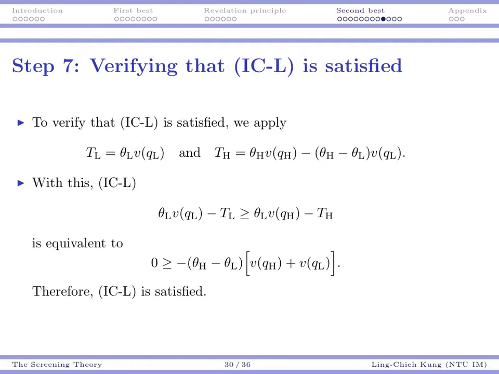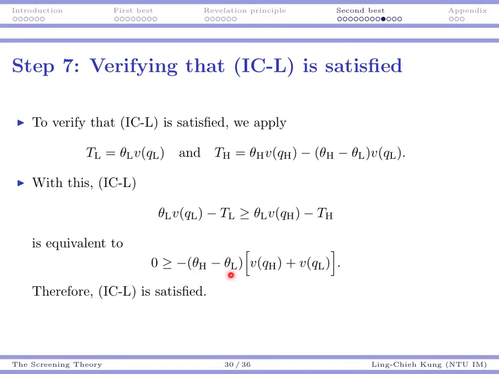So now our last step is to verify the previously relaxed constraint ICL is satisfied. To see this, note that as an optimal solution we have these two equalities, right? So ICL, this guy, can be replaced by these two equalities, and after some arithmetics we can show that it will be something like this.